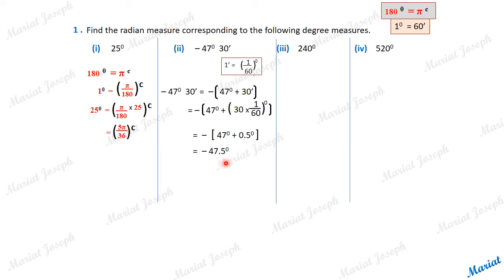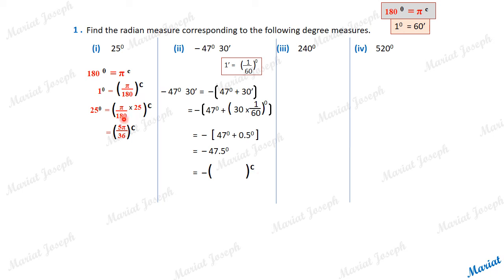So far we have not converted it into radian. It is only changed into degree measure itself from minutes. Minutes is actually a fraction of degree measure. So now that fraction is expressed together, both full angle and fraction angle, 47.5 degrees. Now we go by converting. Minus of, we are going to convert into radian measure.